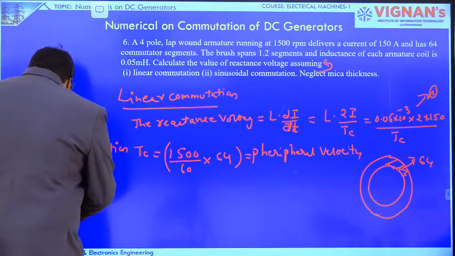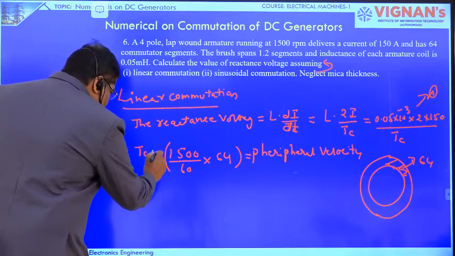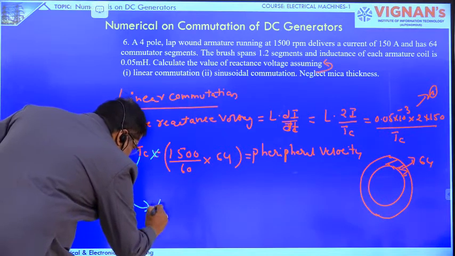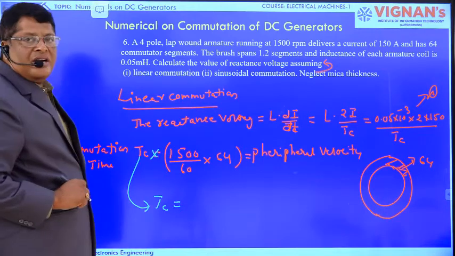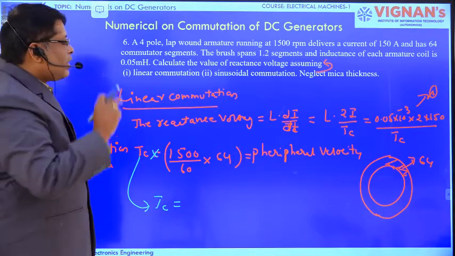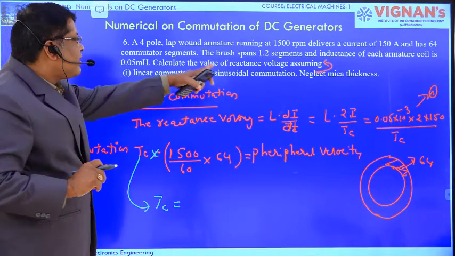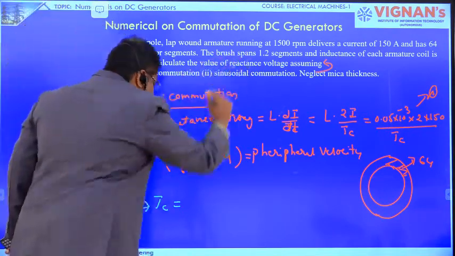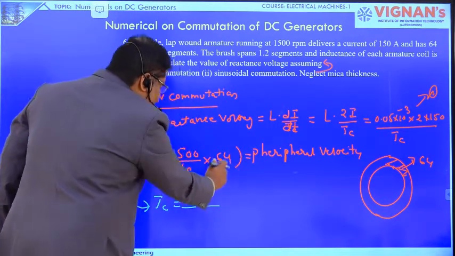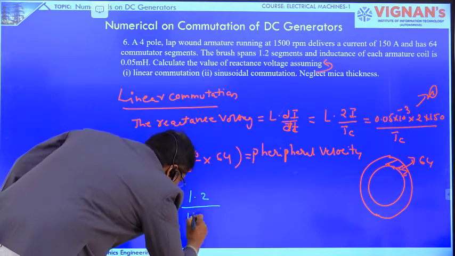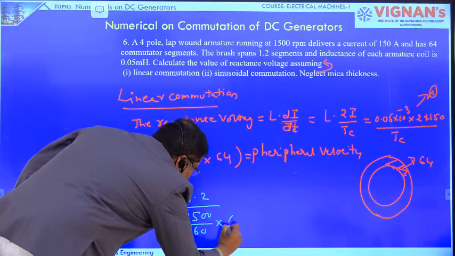Now Tc, the commutation time, equals the width of the brush minus the thickness of the mica. Mica thickness is neglected. So the width of the brush is given as 1.2, divided by the peripheral velocity, which is 1500 divided by 60 into 64.